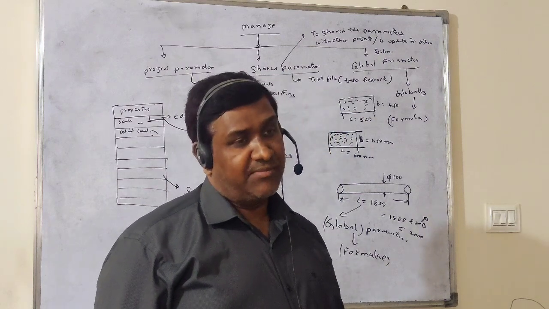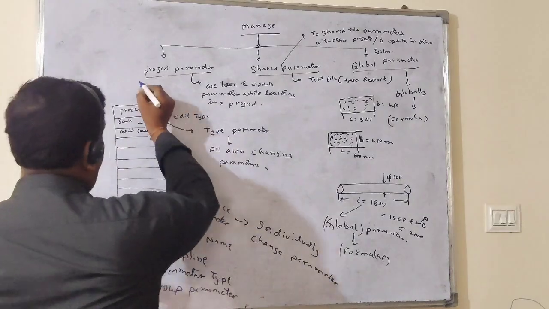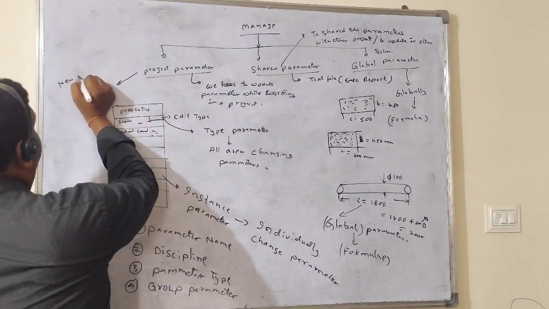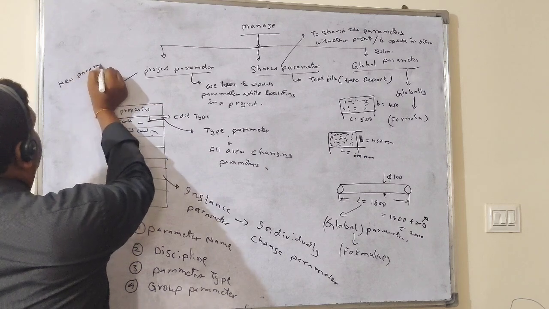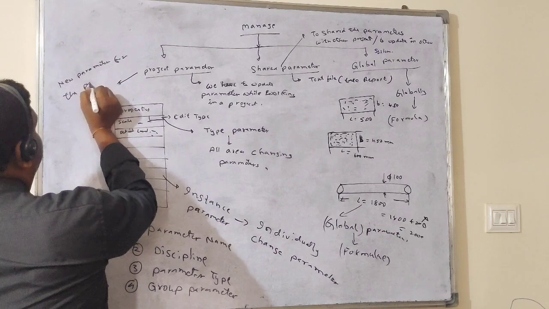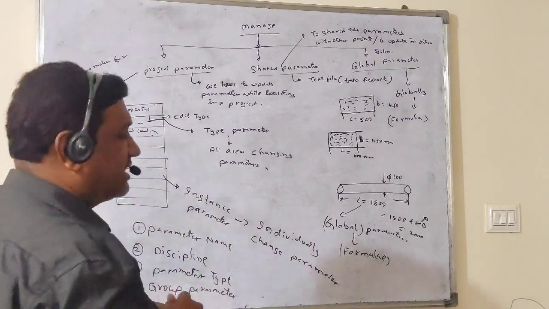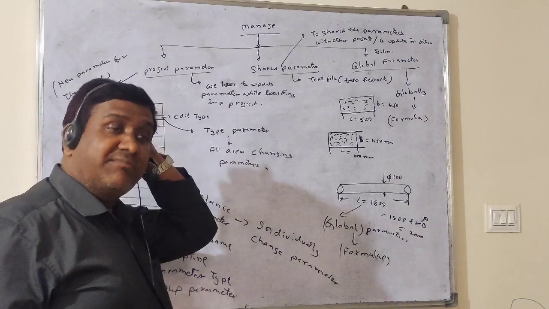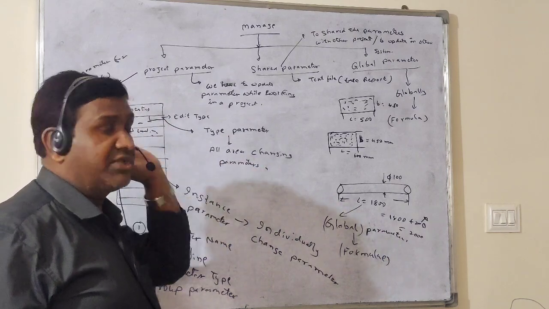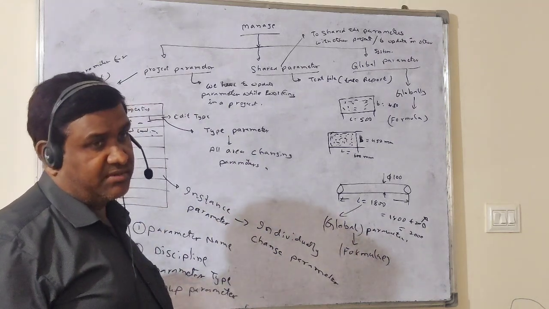So we can create new ones and existing ones. For project parameters, you always have to create new parameters, because whatever information you require in the project, maybe some information you need from outside, some information about the component, that time you have to go with the creation of the project parameters.